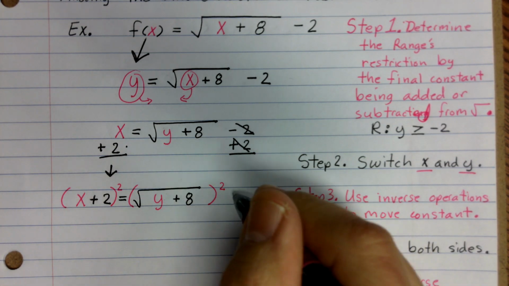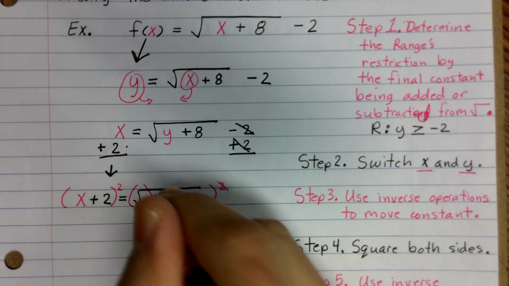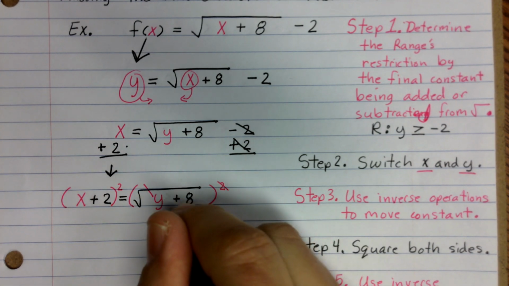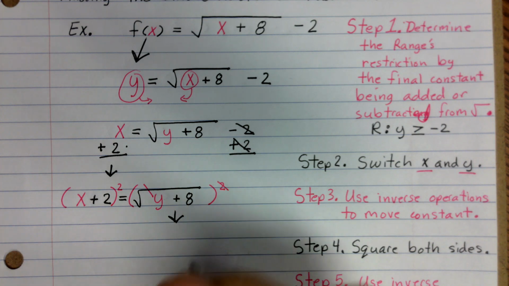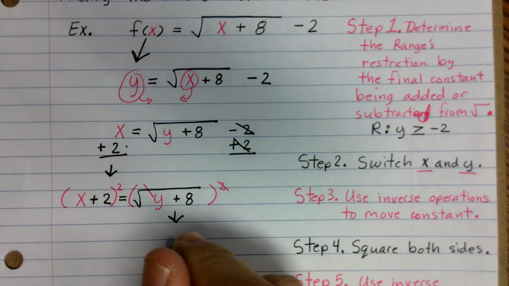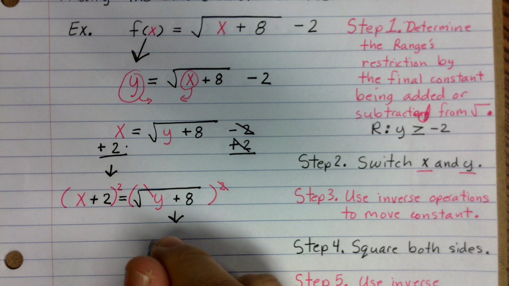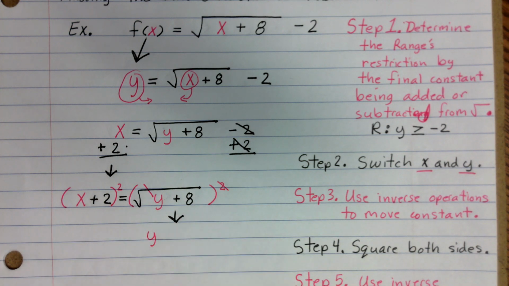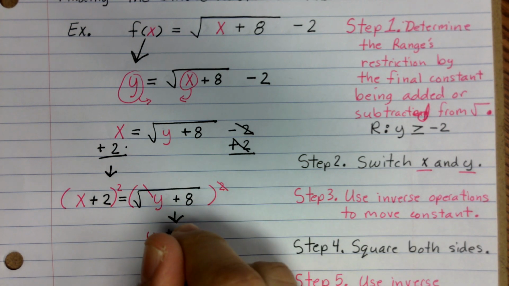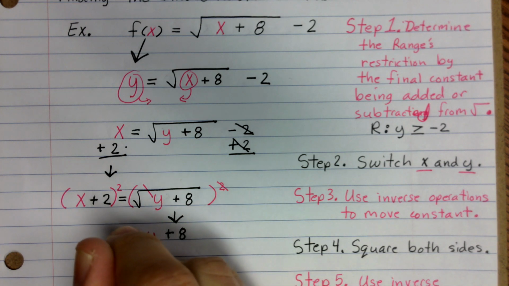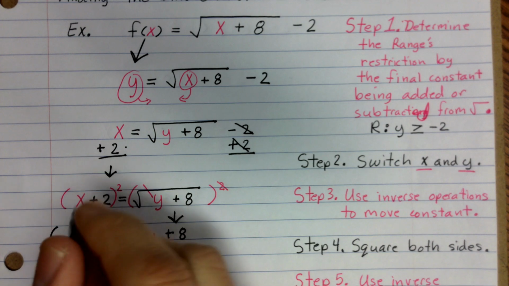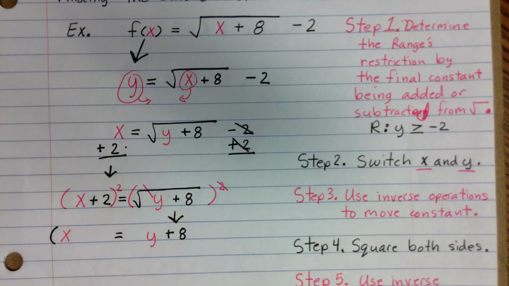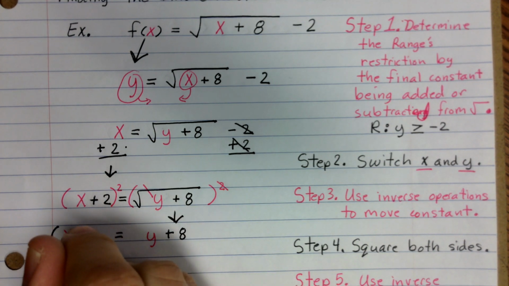However, on the right side of the equation, this square is canceled out by the radical. And we can simply rewrite this now as what we have inside, that we call the radicand, which is going to be y plus 8 is equal to, now on this left side we're going to keep that value squared for now. So we have x plus 2 squared.